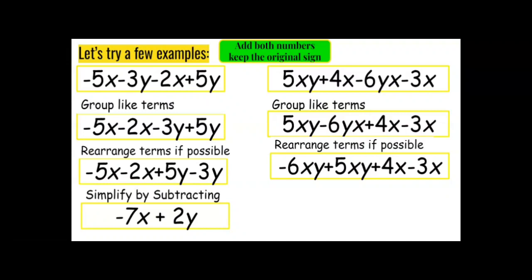In this essence, we now have negative 6xy plus 5xy plus 4x minus 3x. What's negative 6xy plus 5xy? I mean, even if we rearrange it and we put the 5xy minus 6xy, this could be a little bit of a challenge for some persons. So we're going to again use our number line to simplify this.